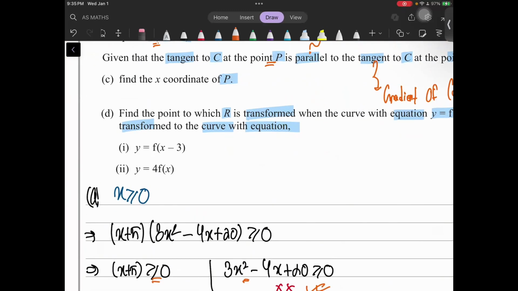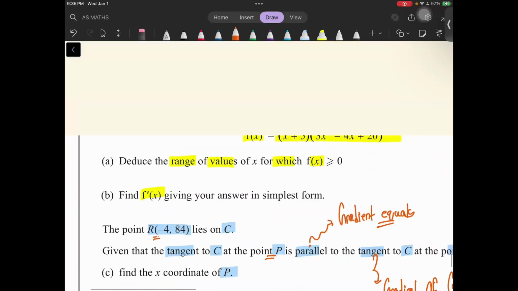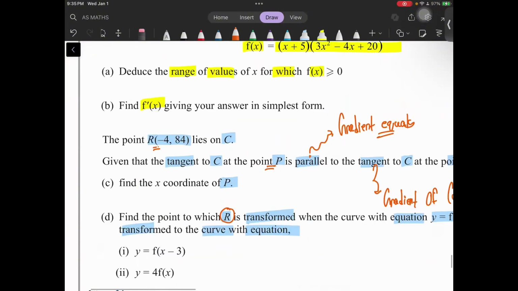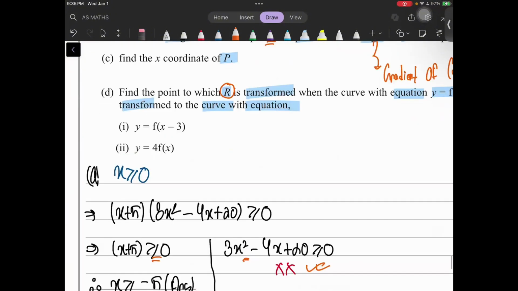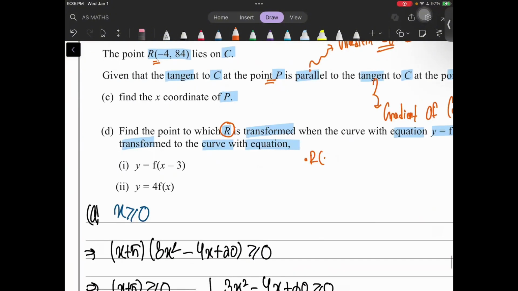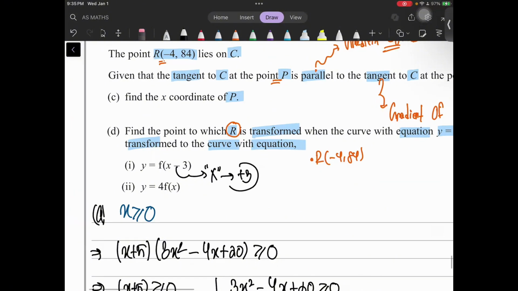From this equation, for point R, R had a coordinate of (-4, 84). Simplistically, x - 3 would mean the x coordinate shifts to the right by 3 units. So the coordinate of point R, if this transformation is applied, is going to be -4 plus 3, which is equal to -1, and 84.